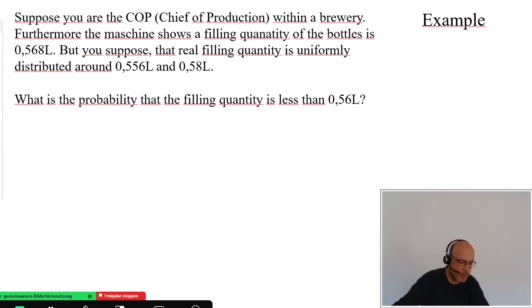But we think that there is a little mistake, that here we have an error by filling our bottles, and this error produces a distribution where we assume that it is a uniform distribution within 0.556 liters and 0.58 liters.